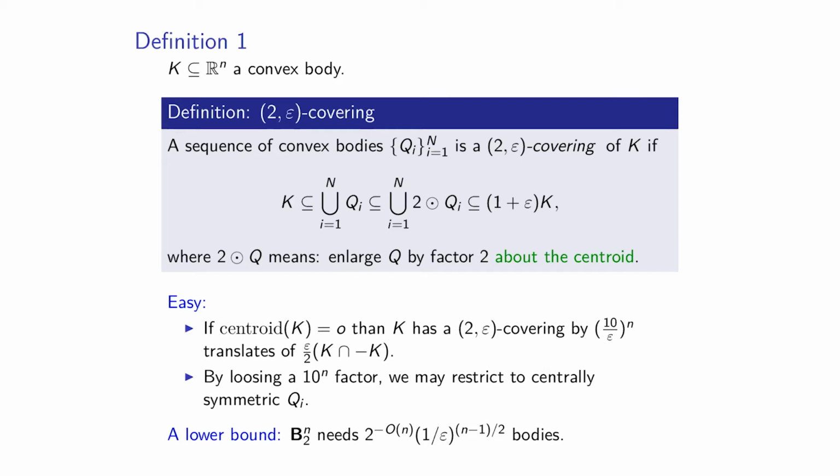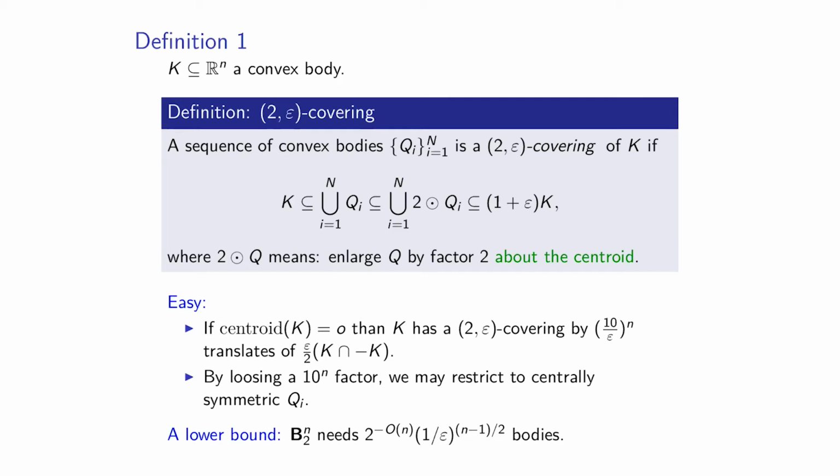Then again, by a rather standard argument, you can show that it's enough to consider centrally symmetric QI. So you may lose a 10 to the n factor: your capital N may go up by a factor 10 to the n, but apart from that, you can assume that these QIs are centrally symmetric.